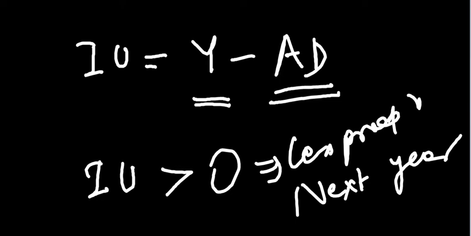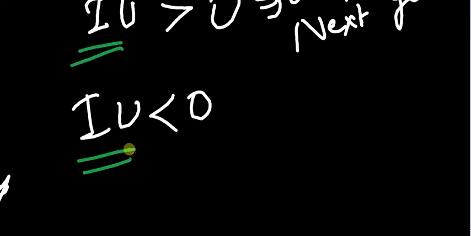But suppose IU is less than 0. Then I know I have produced less than what people have demanded, so next year I am going to produce even more. So firms, based on what IU is, will adjust.